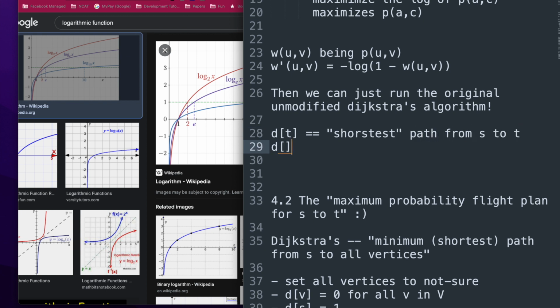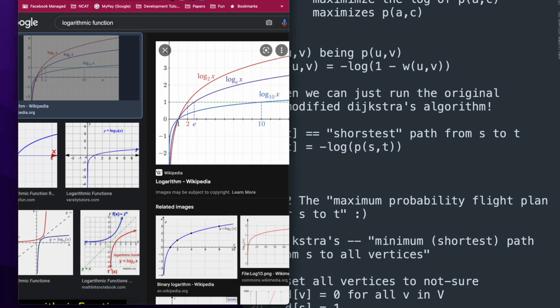That means it's going to be equal to the negative log of PST, which means if you want to know the reliability, you can just negate it and exponentiate whatever answer you get, right?